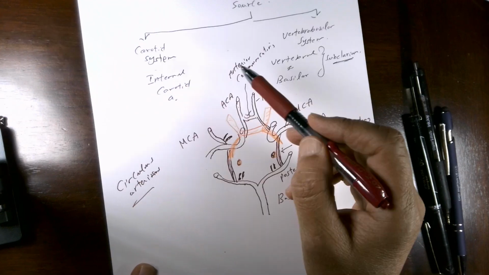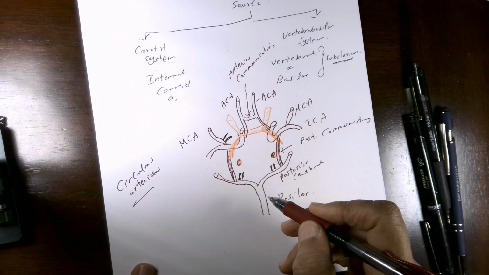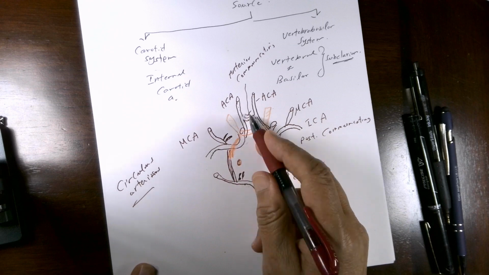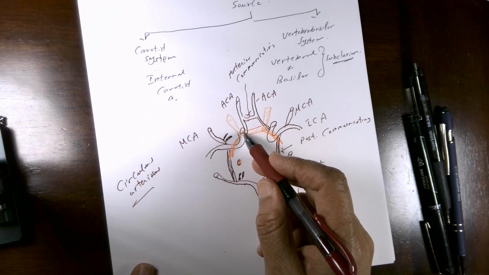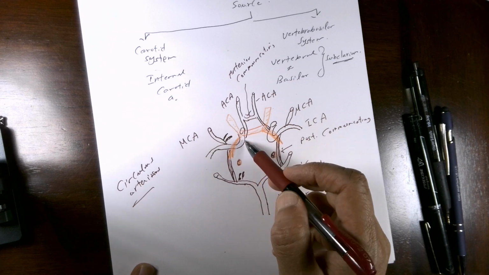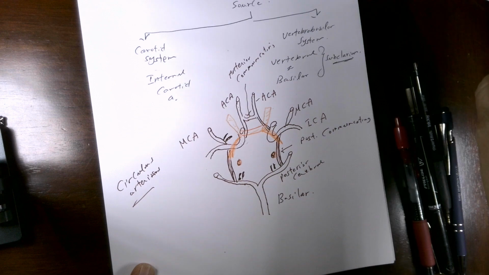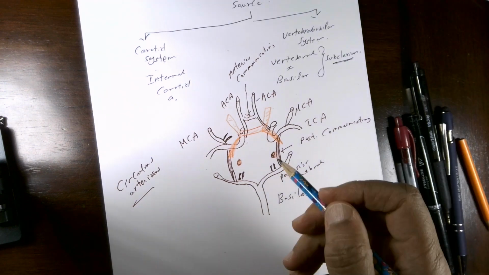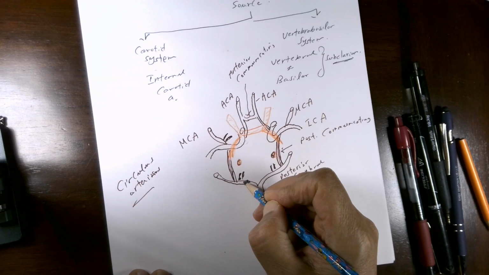The importance of this anastomosis, if there is any obstruction in any of these big arteries, there is always a way to compensate by switching the direction of the blood flow from one to another. Let us say that there is obstruction in this posterior cerebral artery here.